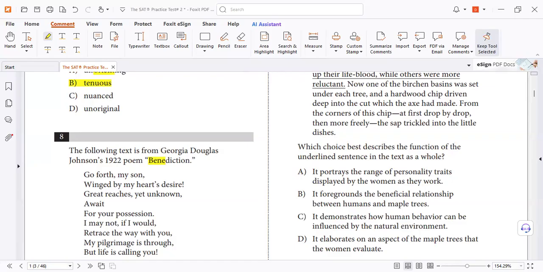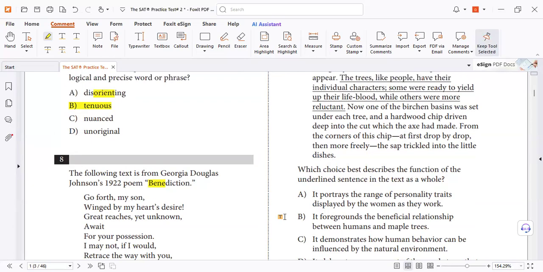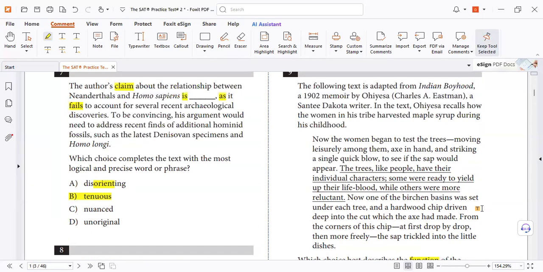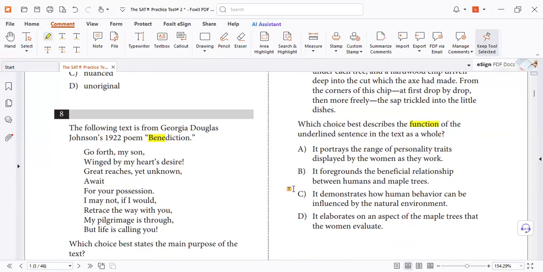Letter C. Letter C, it can be, but why not D? Let me help. For the question of function, you must read very quickly, but try to stop on the underline. Why? Because you need to check the answers.